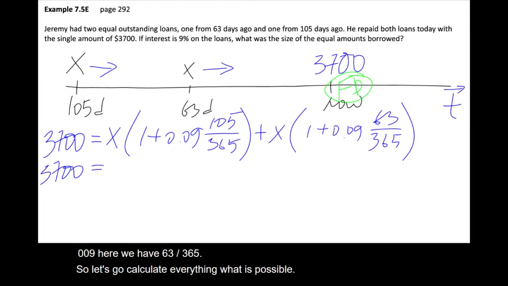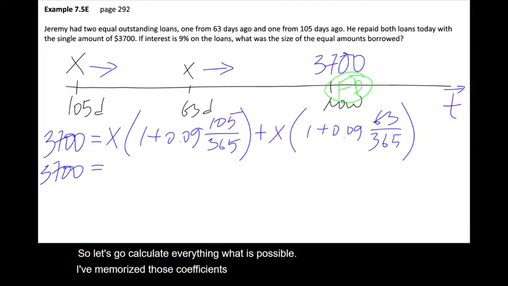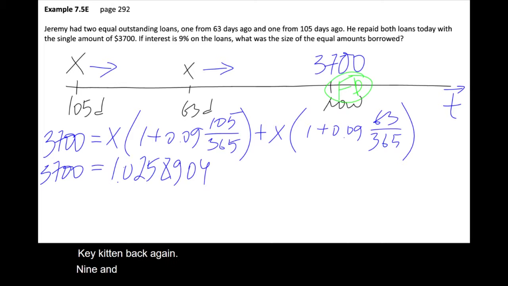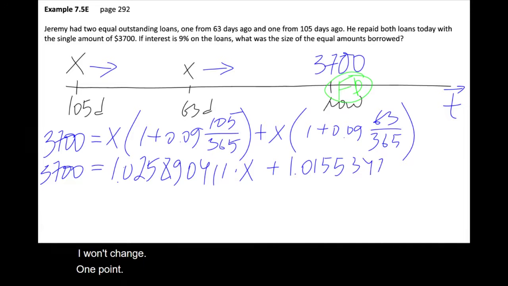Actually, I memorized those coefficients into the calculator, so I don't have to key them in again. For any reason, I won't alter it. I won't change it. 1 point times x.